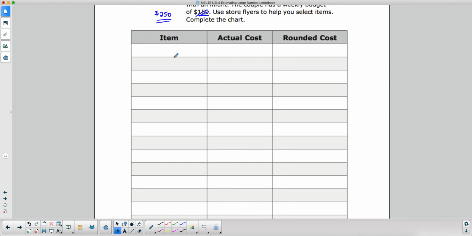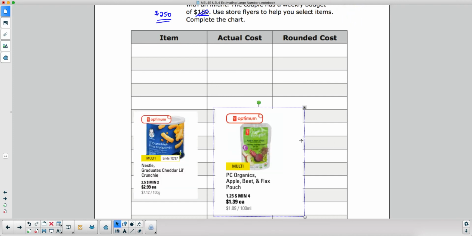So let's say we find an item here. I'm just going to pause this and find you an item. Okay, I'm back, and I'm back with a couple of baby items that I found since this couple has an infant. So the first thing that I found was these little crunchies cheddar cheesy snack, and it says $2.99 each.